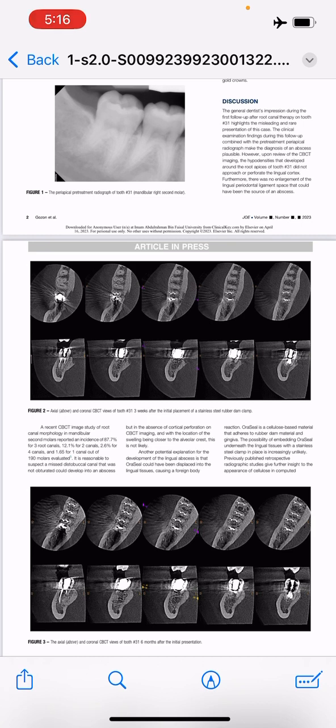Then the endodontist assured the general dentist that the patient was experiencing an iatrogenic injury from the rubber dam clamp or potentially embedded oral seal putty.